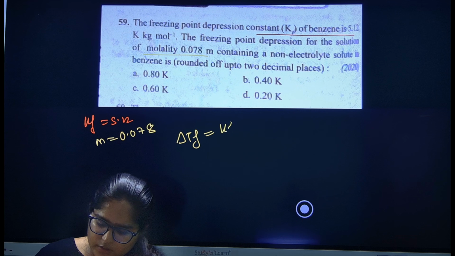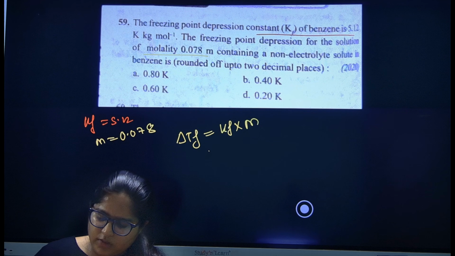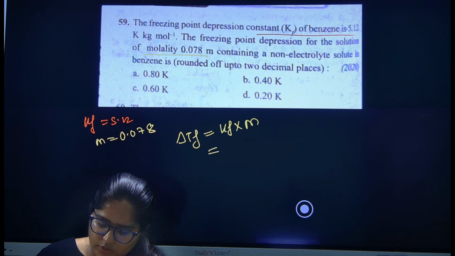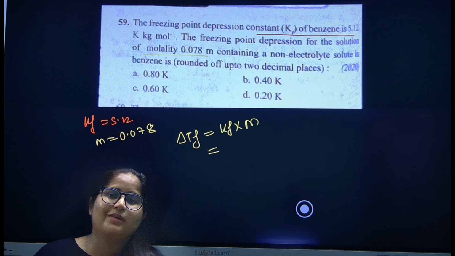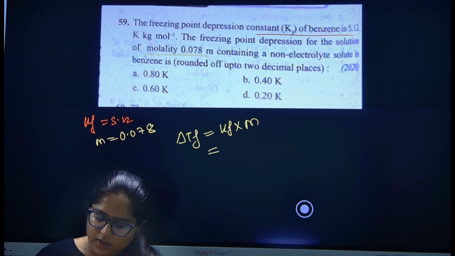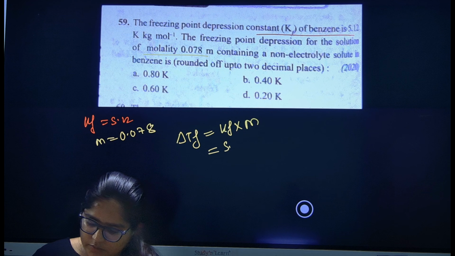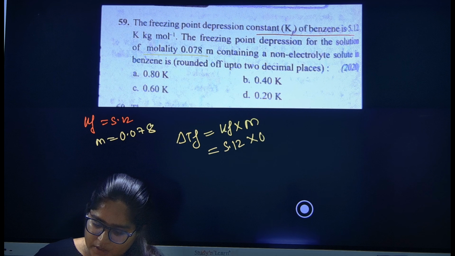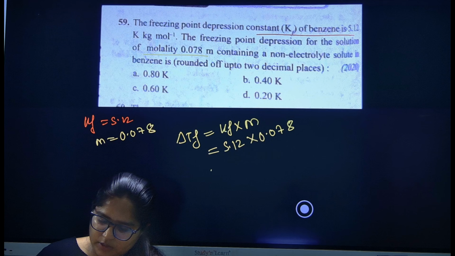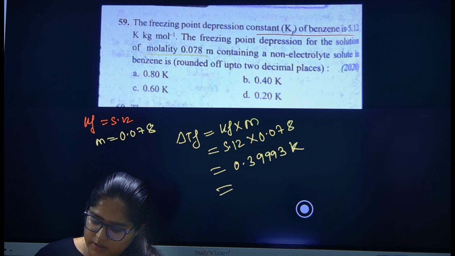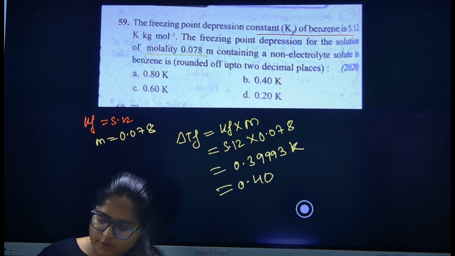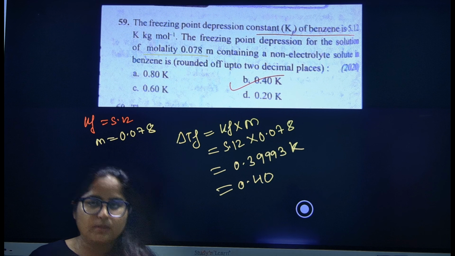Delta TF equal to Kf into m, and non-volatile means i will be 1, so no need to take stress. It's not an abnormal colligative property question, it's a normal colligative property question. Kf is 5.12 into m, 0.078. Multiplication gives 0.3993. So 0.399 means 0.40. Which option? Option number B will be the right answer.